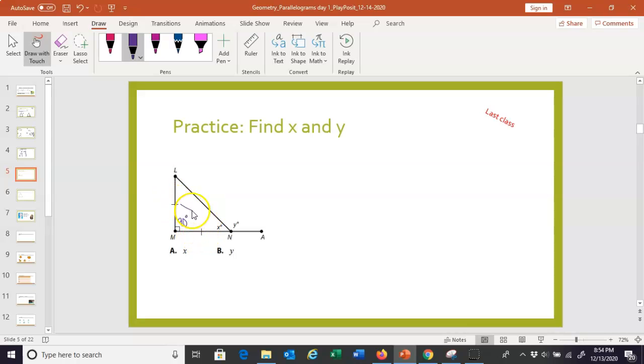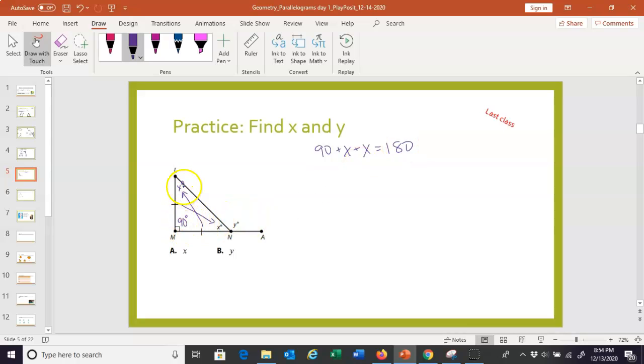So if these two sides are the same, then the angles across from them are also the same. So that's X, this is X. So even though we don't know the measure of either one of these angles, because they're the same, we can still use the triangle sum theorem. So we can still say 90 plus X plus X equals 180.